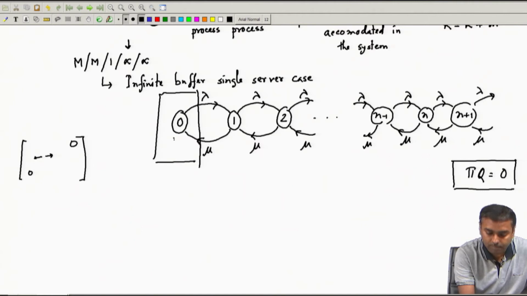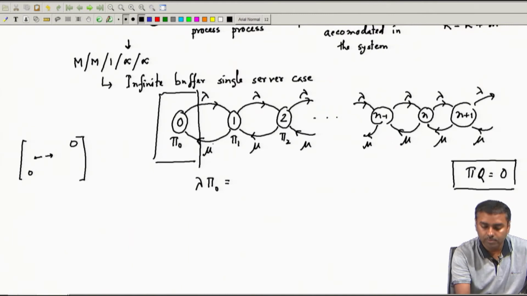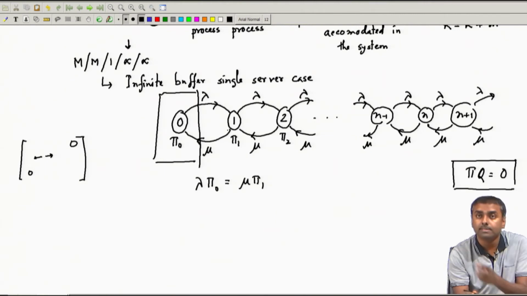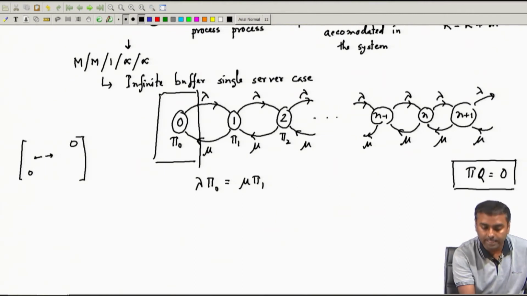If this state has probability pi 0, this has pi 1, this has pi 2, then lambda pi 0 must be equal to mu into pi 1, because that is the rate times the associated probability. The rate is lambda and the associated probability is pi 0 going out, and this should be balanced.